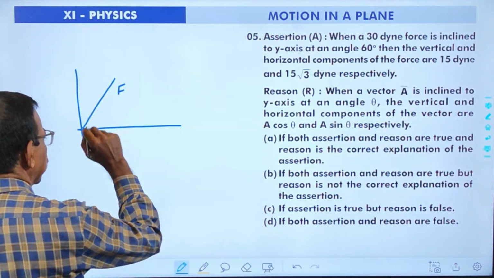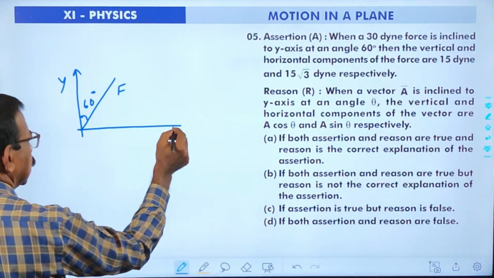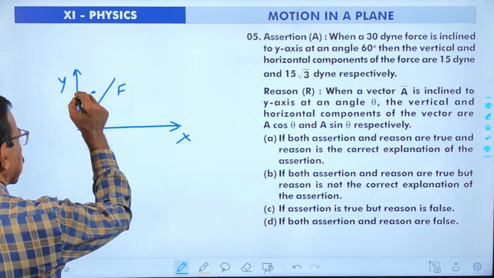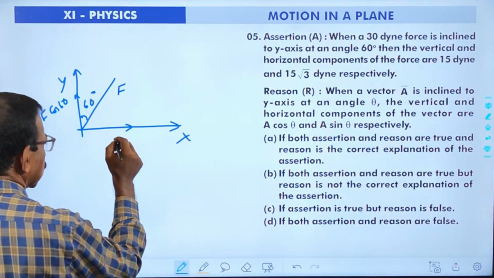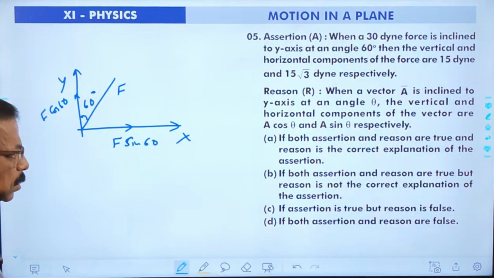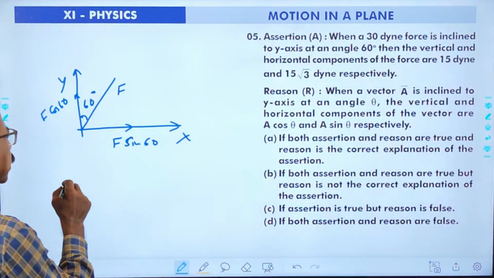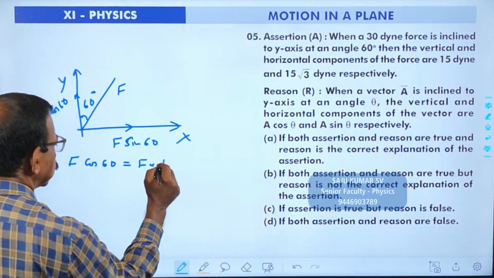This is a vector F at an angle 60 degree with the y-axis. Then the y component is to be F cos 60 and the horizontal component is to be F sin 60. Here angle is 60 degree. F cos 60 means F into 1 by 2.